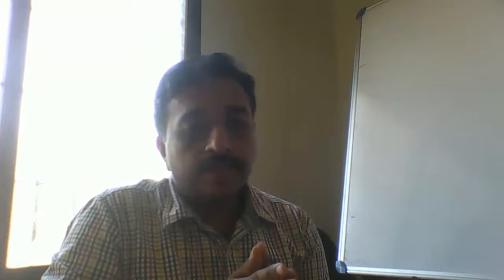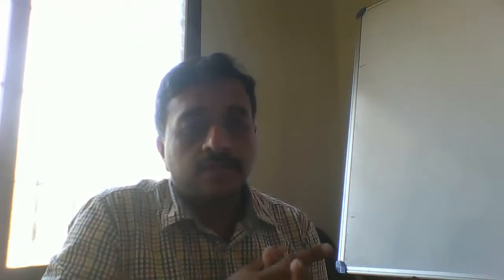Suppose I have a problem where f of x is equal to x sine x. Yesterday we already discussed how to look at the function, whether it is an even function or odd function, and the interval corresponding to it.